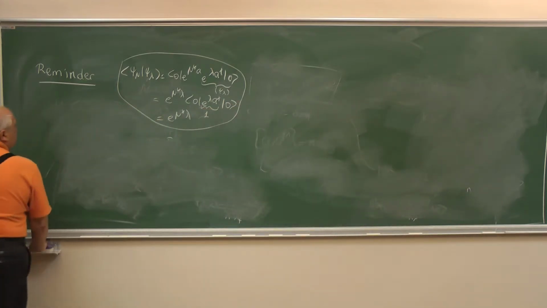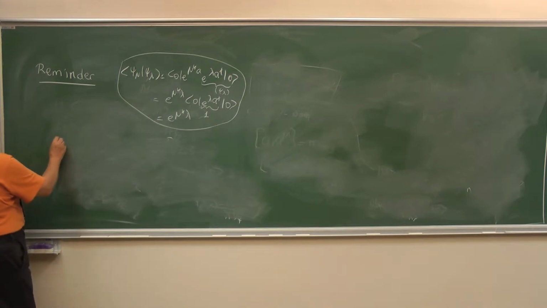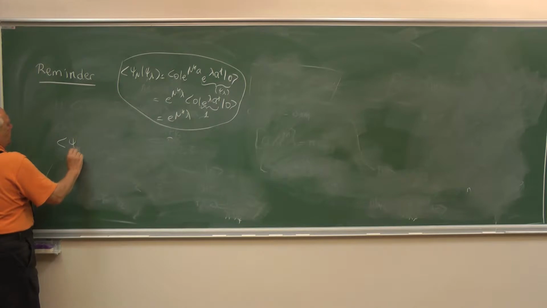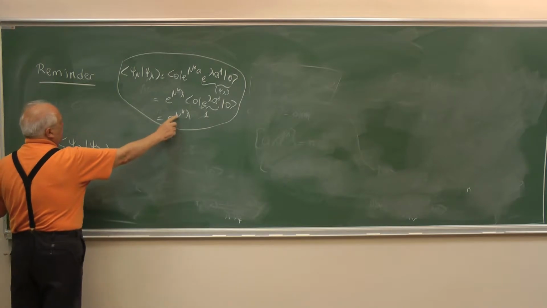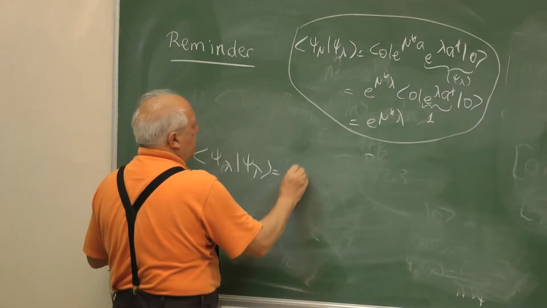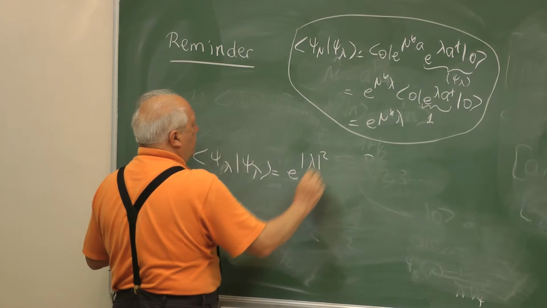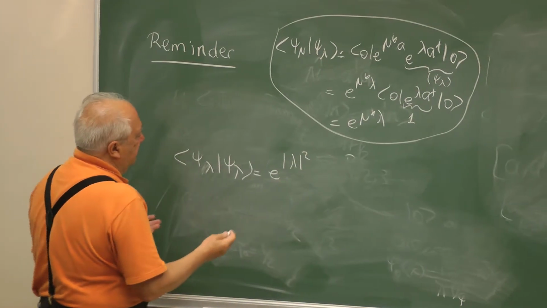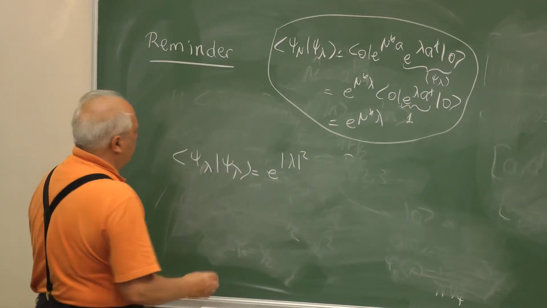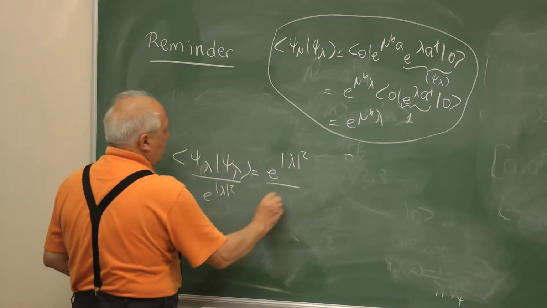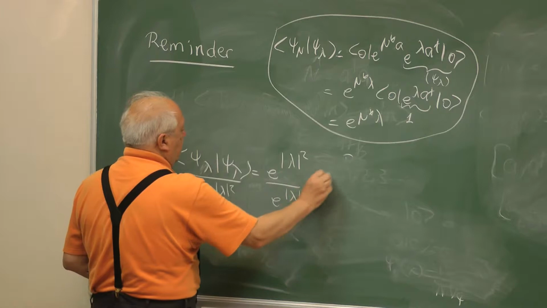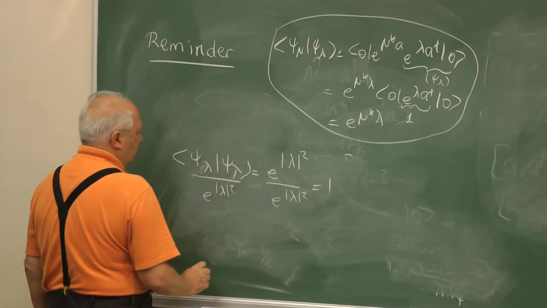Let us normalize these functions, psi lambda. I am just copying the result with mu replaced by lambda, so it is e to the lambda square. So if I divide everywhere by e to the lambda square, the result is 1, so it's normalized.